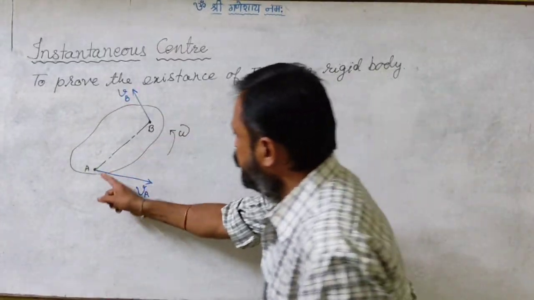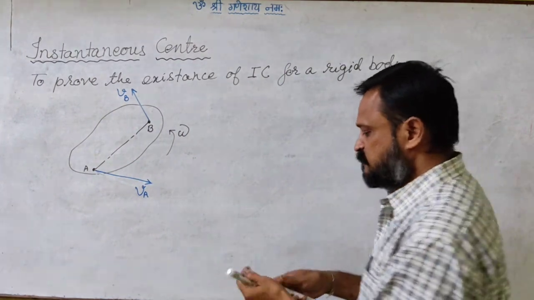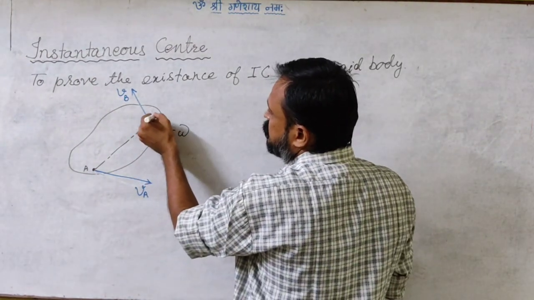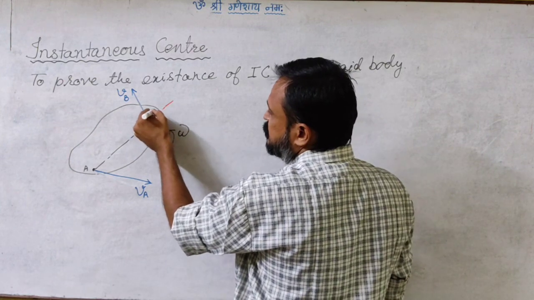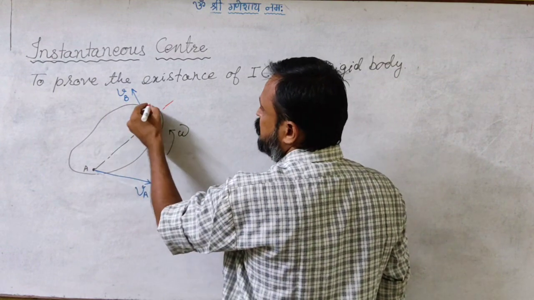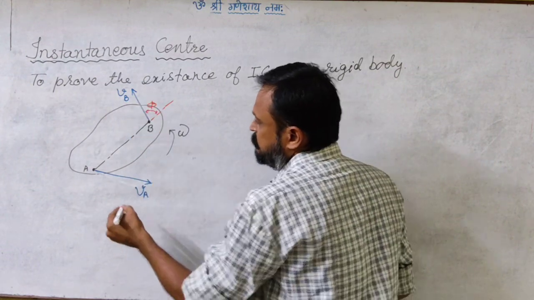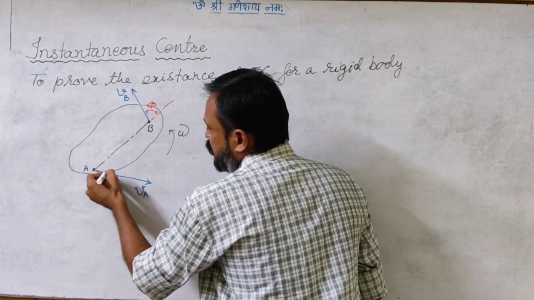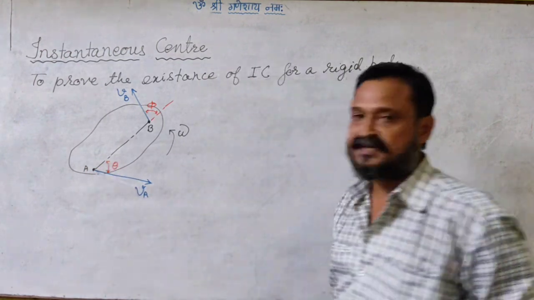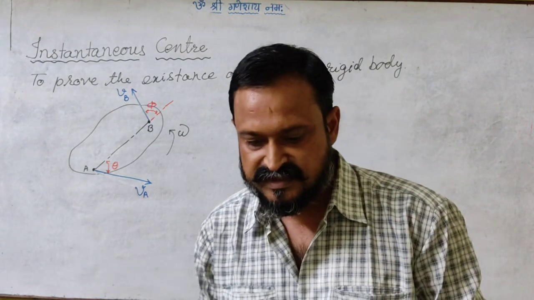Now my line of reference is AB. With respect to AB, say this angle is some angle phi, and with respect to AB, say this angle is theta, right?